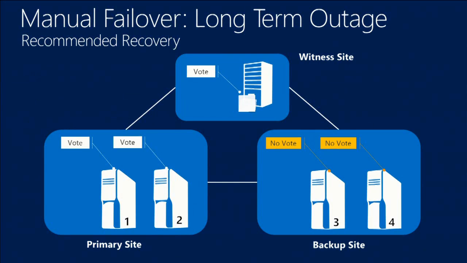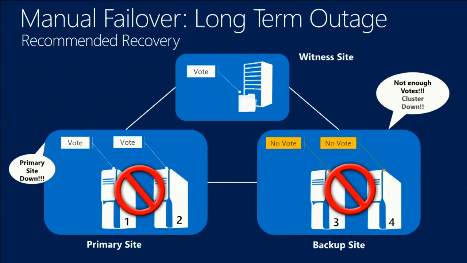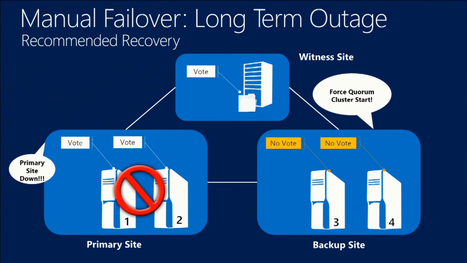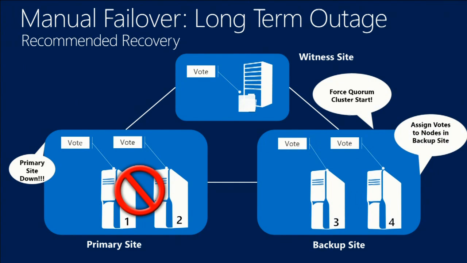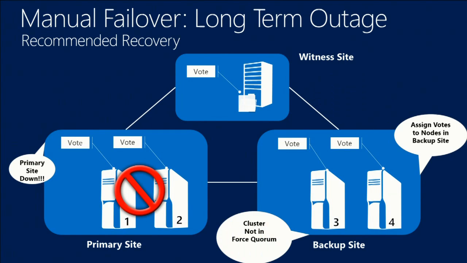But let's say there is a long-term outage and you cannot recover the primary side. The same thing happens, the cluster goes down. You force start the cluster on the backup side. As part of those steps, you assign the votes back to the backup nodes. Because you just gave the votes back, the cluster resumes normal functioning.